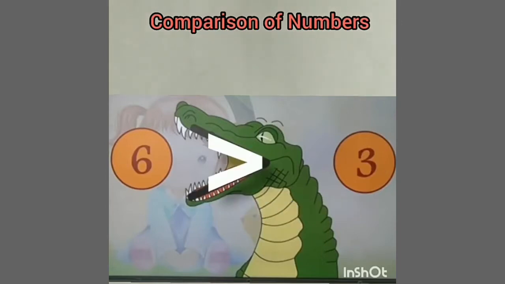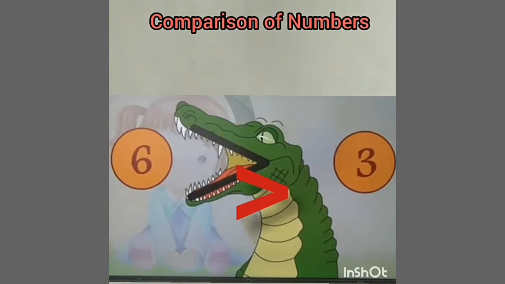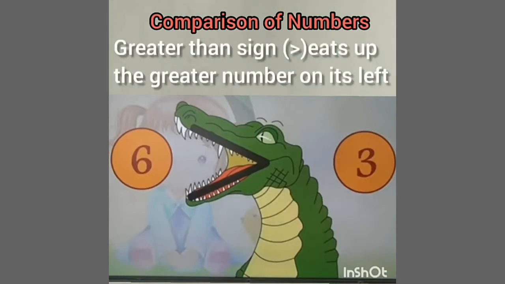So the mouth opens towards the 6. This is the greater than sign. Greater than sign eats up the greater number on its left, so we use it when we have a greater number on the left.